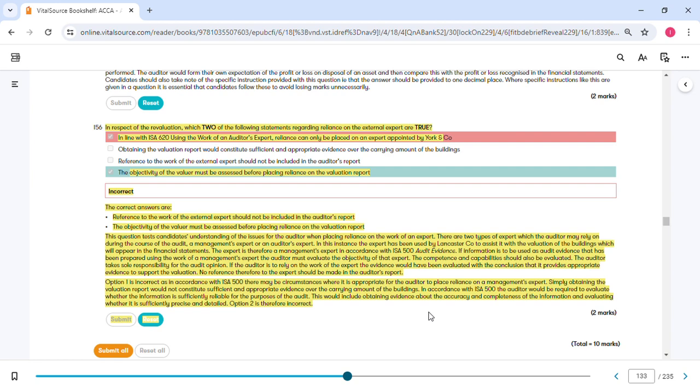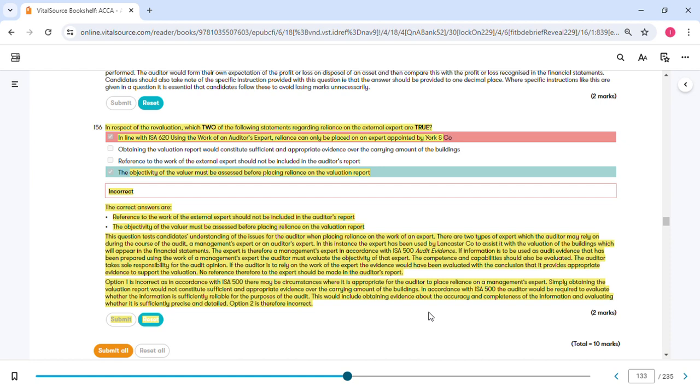This question tests candidates' understanding of the issues for the auditor when placing reliance on the work of the expert. There are two types of experts which the auditor may rely on during the course of an audit: a management expert or an auditor's expert. In this instance, the expert has been used by Lancaster to assess the valuation of the building, which will appear in the financial statements.